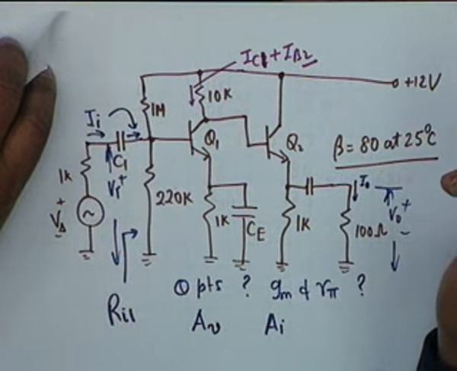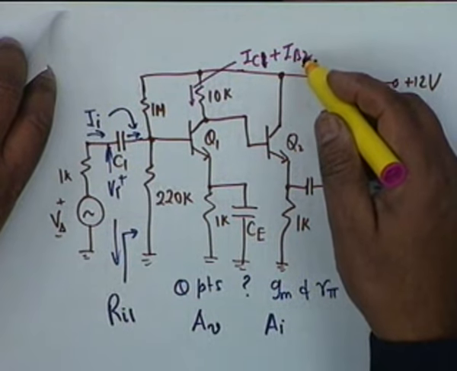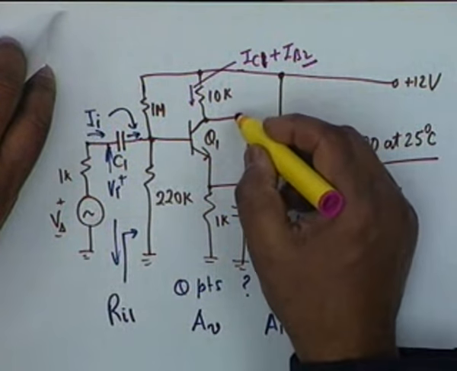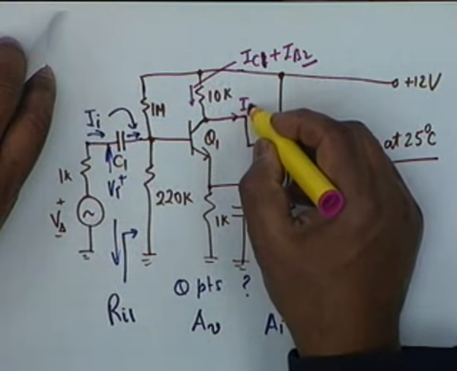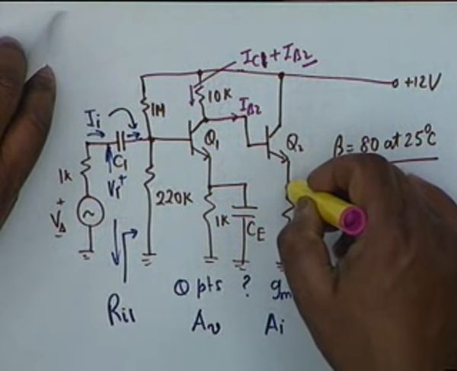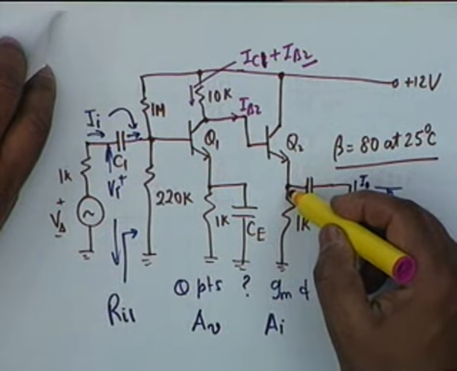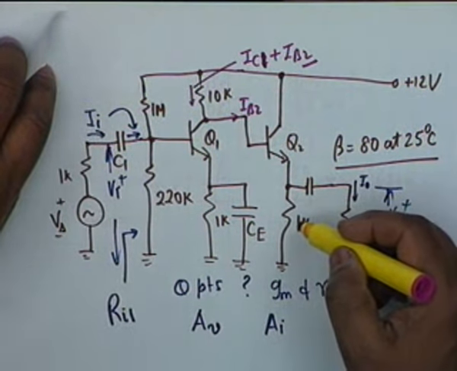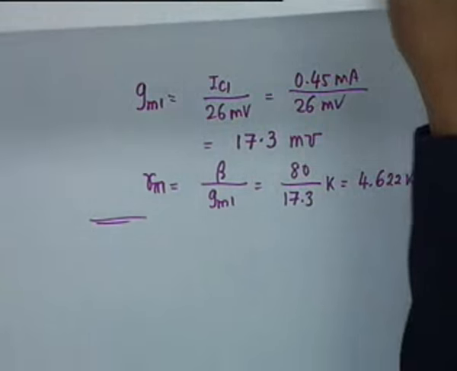It's a small part of IC1, but still let's not ignore it. And this is IB2 as far as DC is concerned. Then we have a 0.7 drop, and then we have beta plus 1 times IB2 times 1K. Therefore, it's not too difficult.